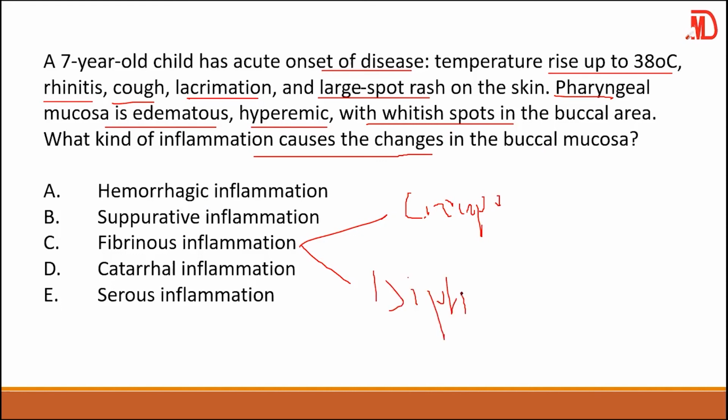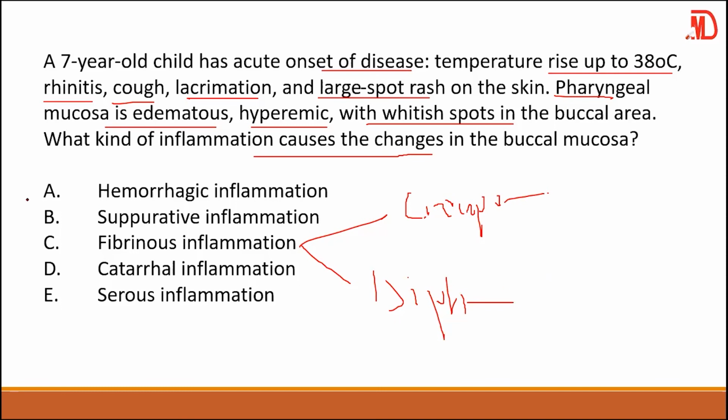In croupous, it is easily removable; you can easily scrape it off. With the diphtheric form of fibrinous inflammation, if you try to take it off, it will bleed. They will tell you that in a question. I'm saying this because we have met a lot of questions like that in our previous presentation, so please take note of these things.